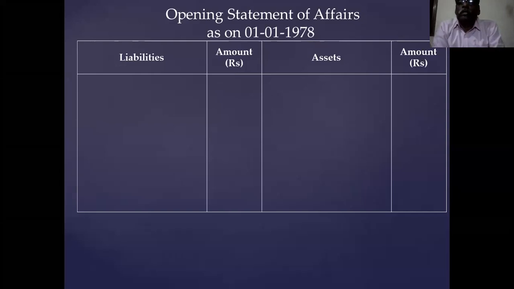The opening balances of assets and liabilities are given at the end. This is the book. Keep the exercise properly, see the problem in the book and enter the transaction in the notebook.